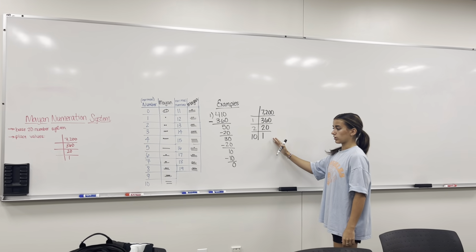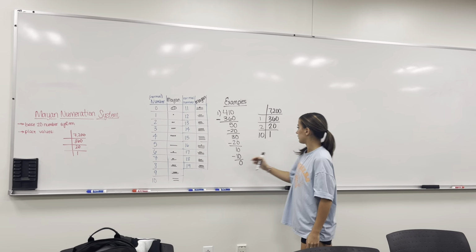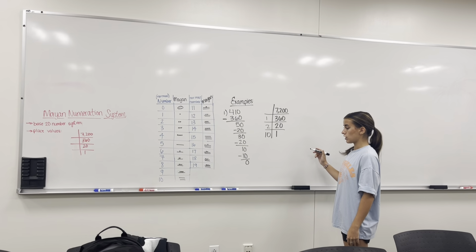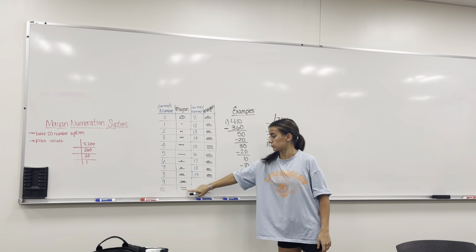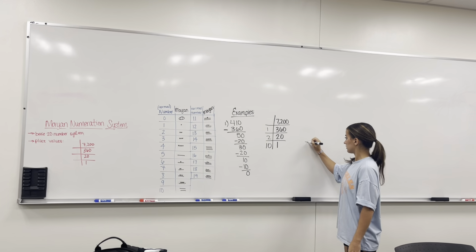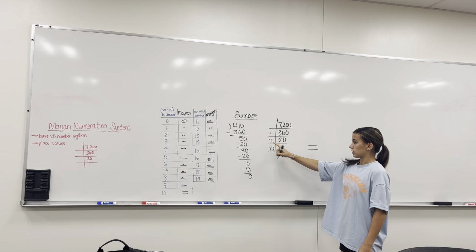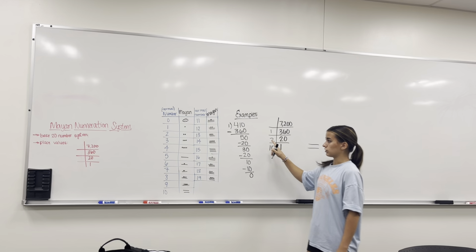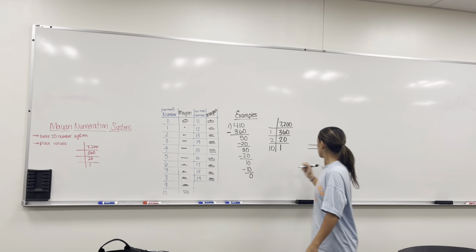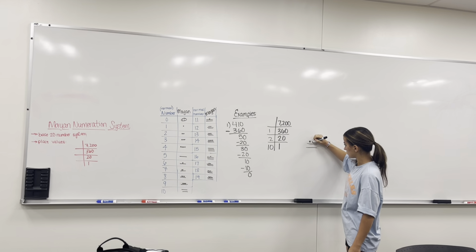And then this is when we're going to look back at this chart and figure out how to write our symbol. So if we have 10 ones, we're going to draw our 10 like this. And then if we have 2 20s, then we're going to draw 2 dots on top of that.